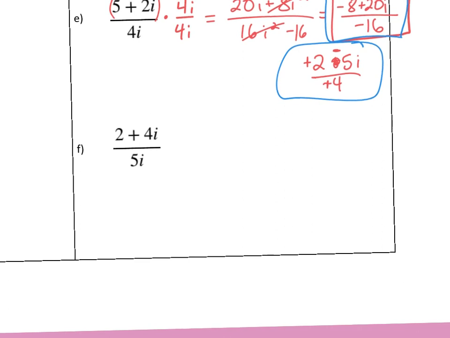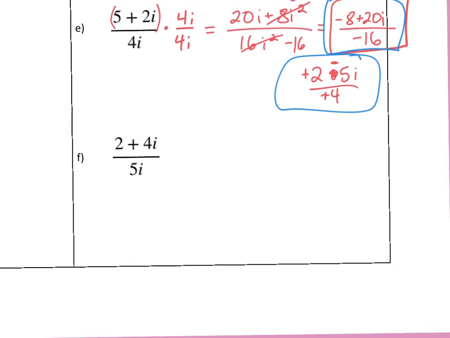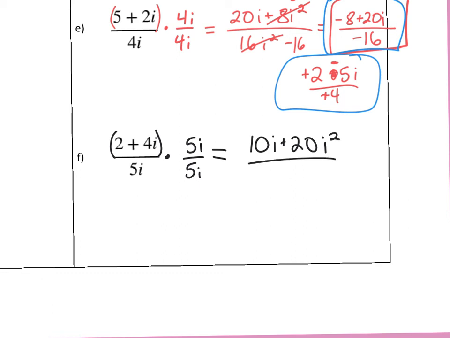Okay, letter F. Let's just go ahead and do this one together so we can be done. We got 4 minutes left till lunch, so let's get this one over with. What should I multiply by? Okay, on top it becomes 10i plus 20i squared.